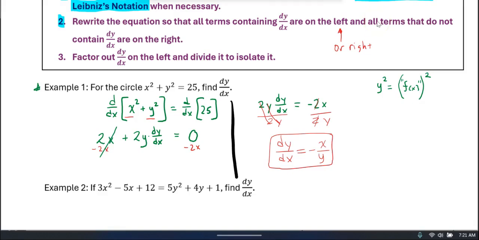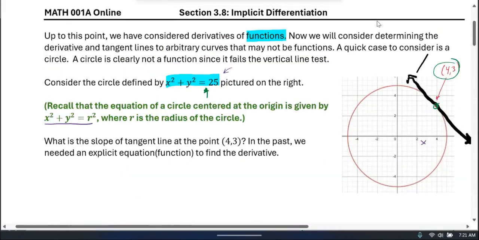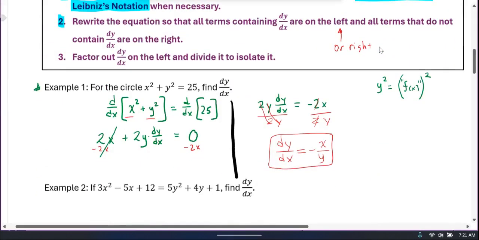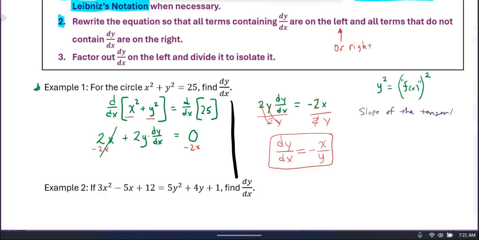Let's go ahead and go back up to the top to entertain what I was asking earlier, which is what would be the slope of the tangent line at the point (4, 3). That was the question originally there. You can see it's that negative slope line off to the right. Well, if you have the derivative, which we did here in example 1, as negative x over y, if you wanted the slope of the tangent line at the point (4, 3), you're just going to use the derivative that we found.